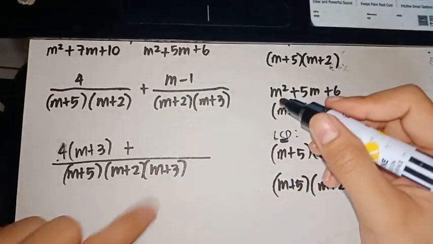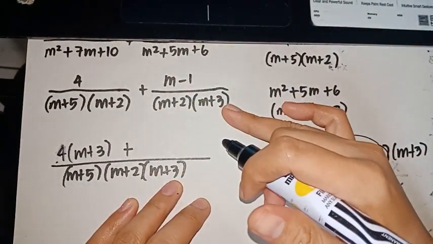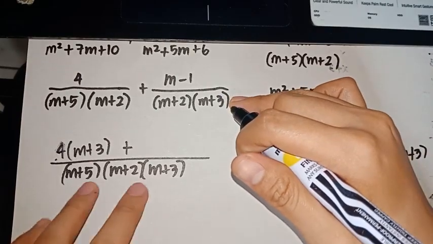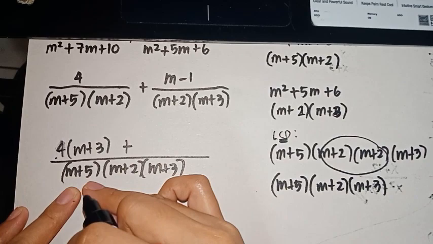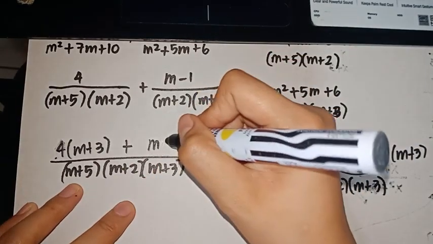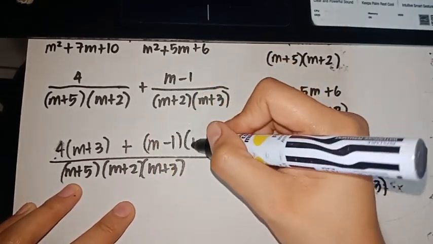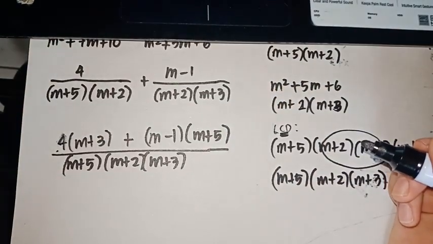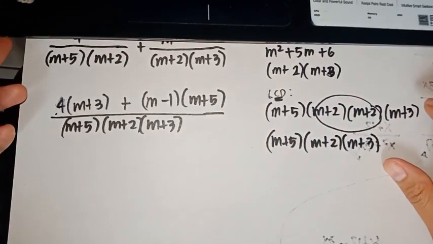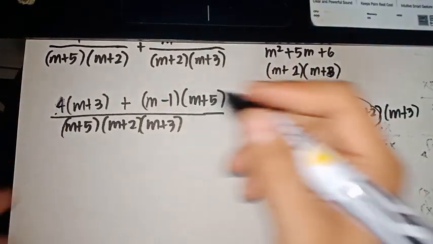Plus, let's have this one, m plus 2 and m plus 3. So m plus 2 and m plus 3 will be cancelled out. Then we are left with m plus 5. So we have m minus 1 times m plus 5.